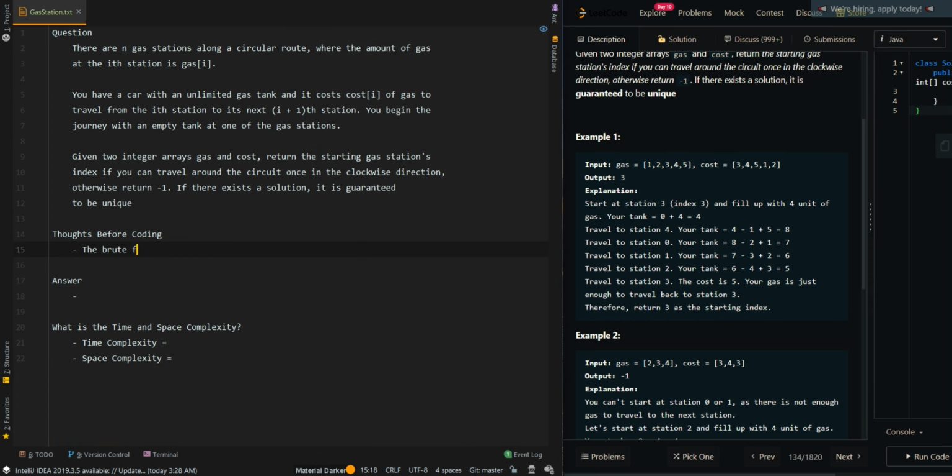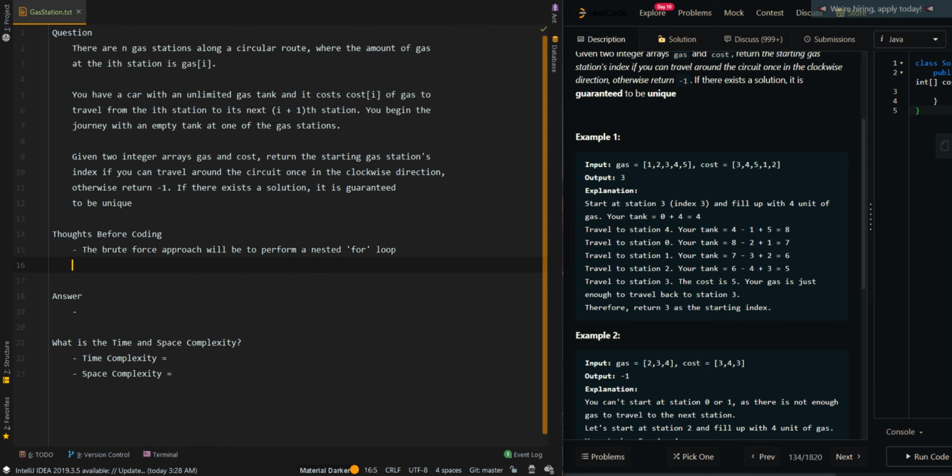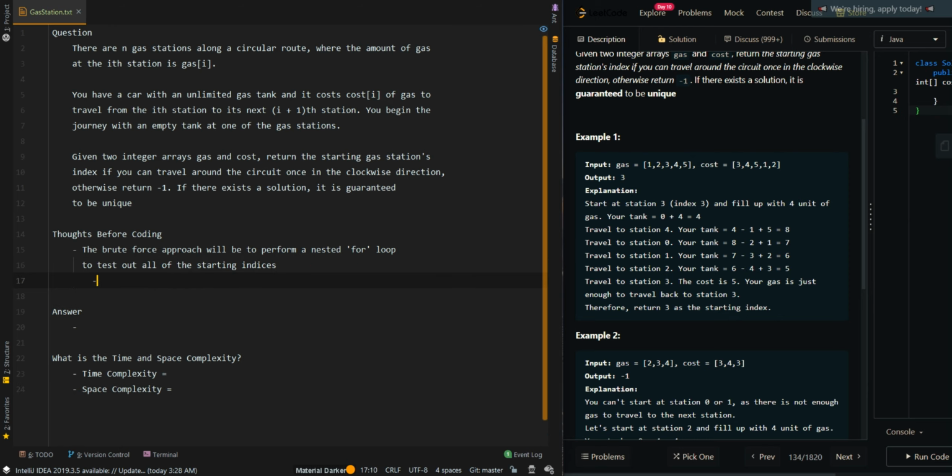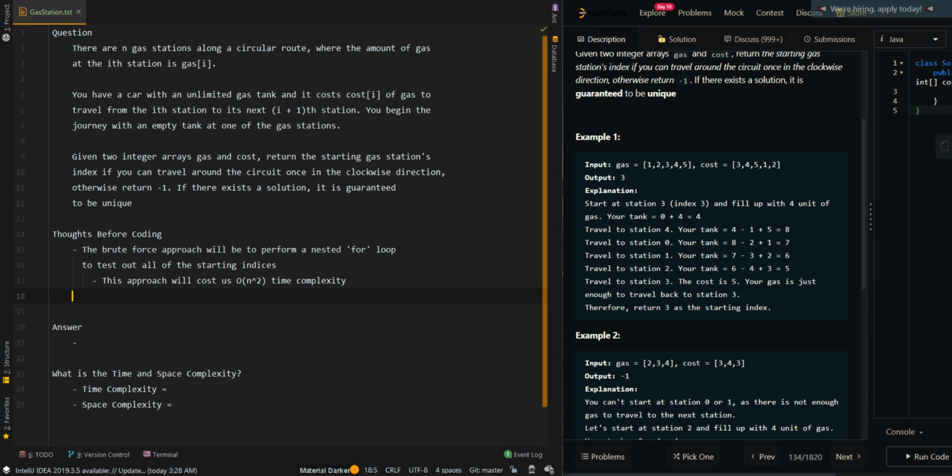The brute force approach will be to perform a nested for loop to test out all of the starting indices. This approach will cost us O of n squared time complexity. So we will need to optimize the brute force approach.